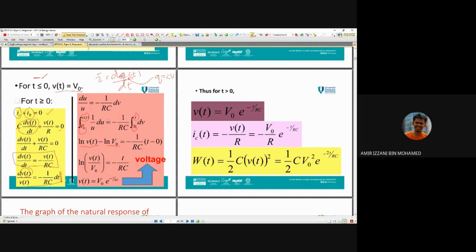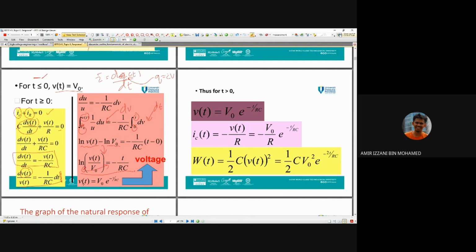This is integration on V, and this integration is on t. So what we get on the right side is minus 1 over RC, t minus 0, so it's minus 1 over RC times t. Finally we get this equation. Since ln has base e, we don't want this one, so we move it to this side.